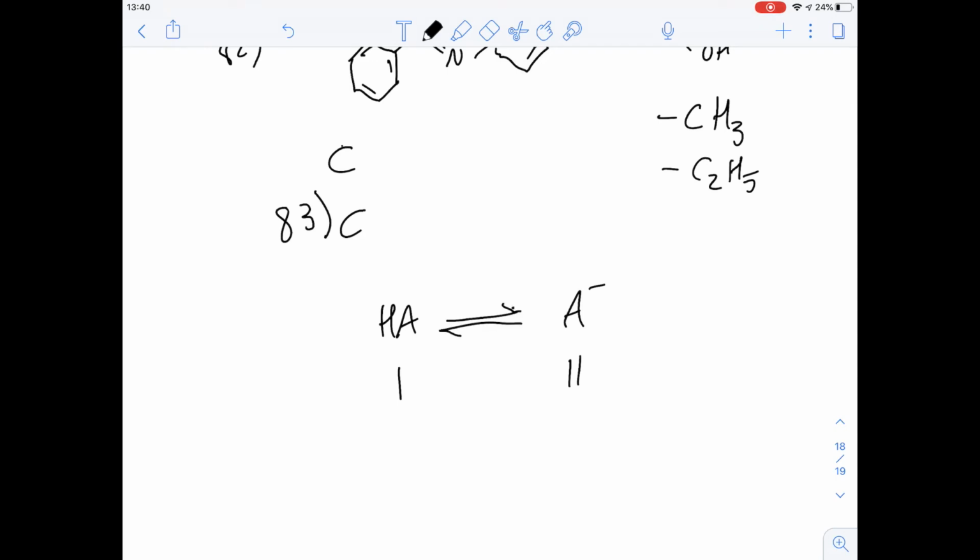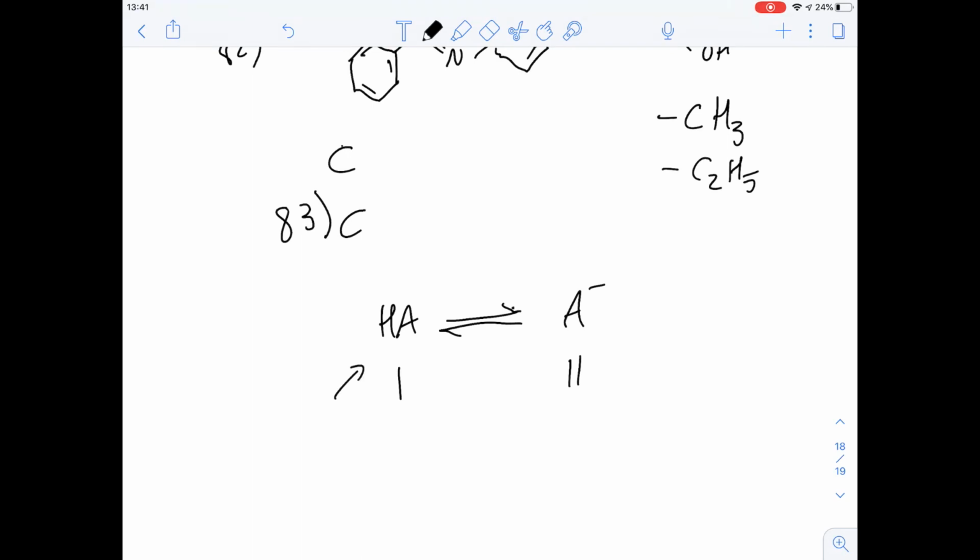Now, obviously, this is a bit of an oversimplification, but if you think of it in these terms, it makes it a lot easier. Because the dissociated version of this particular, let's call it a weak acid, will be present at a higher pH. And at a low pH, we know that it will be colorless.